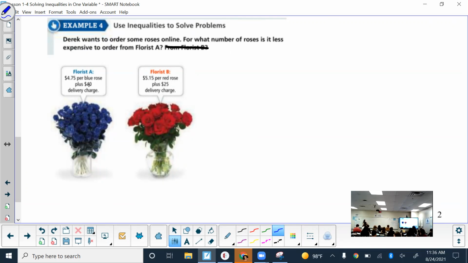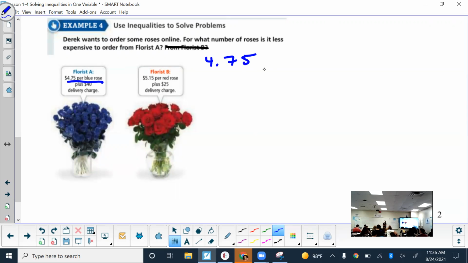Let's take it piece by piece for figuring out how to write it. It's $4.75 per rose. How do I write that? What operation is going on? Multiplication, right? Because for each rose it costs $4.75.